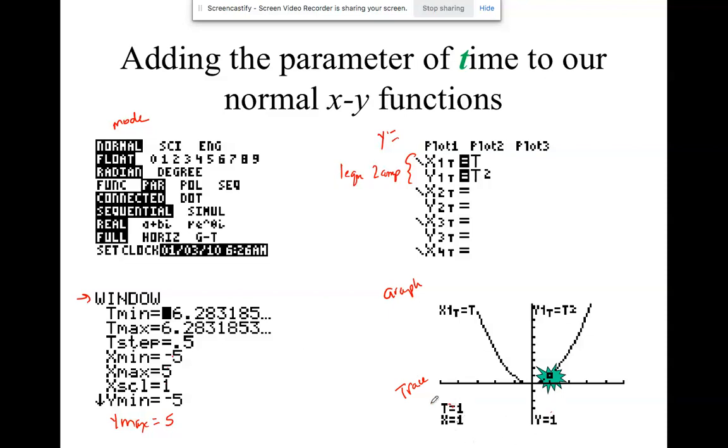When time equals 1, position is 1, 1. Okay, and how did I get that? Well, I did x1 of 1 and y1 of 1 to get the position at time equals 1.